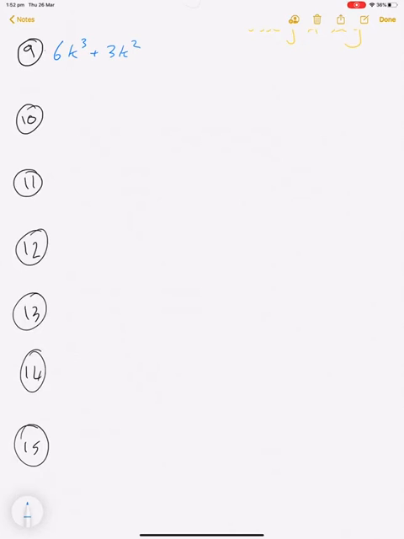Let's do a to the 4 plus a squared. Let's throw some coefficients in. Let's do 25a to the 4 plus 5a squared. Let's do 7e plus 21e squared.